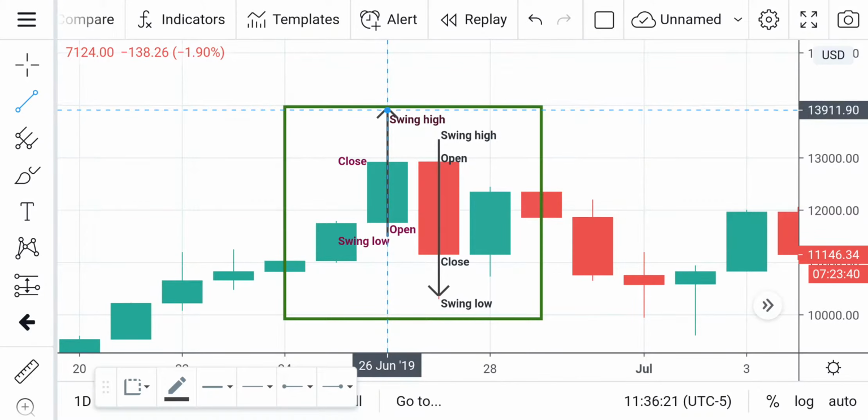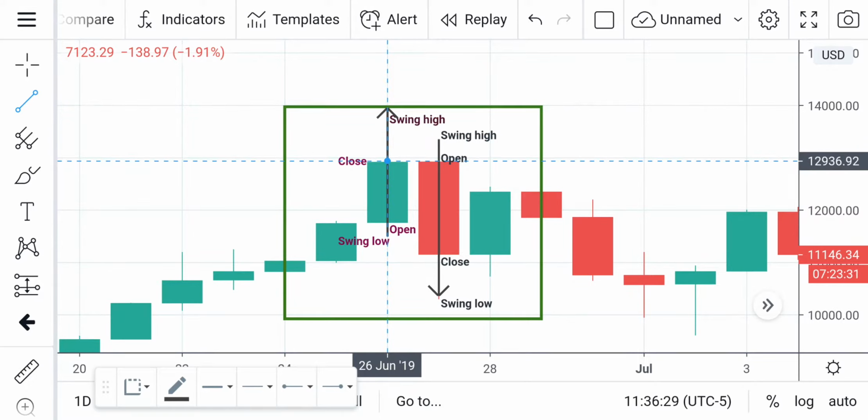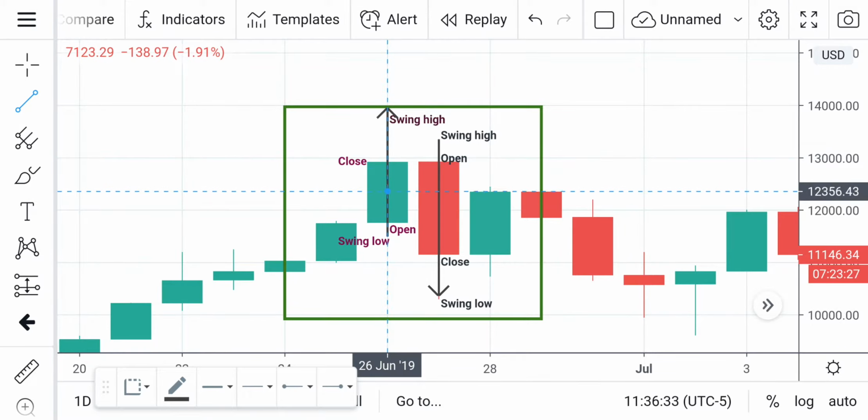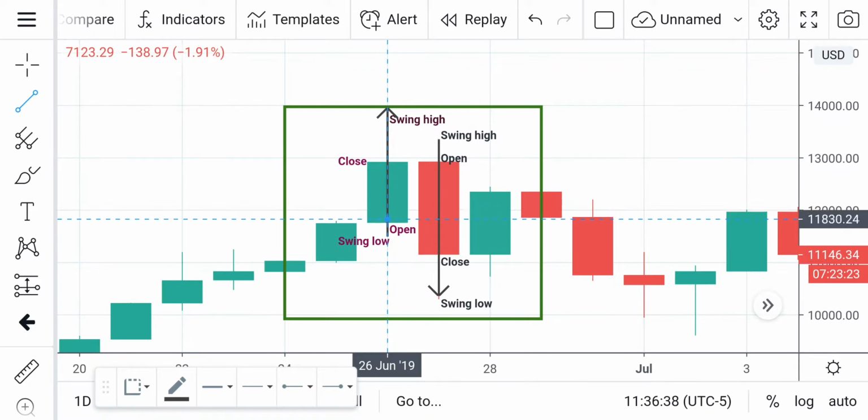At this point, buyers got exhausted, like they were not able to push the price again, and sellers gained some control and pushed the price down to this point. So this is your bullish candle.